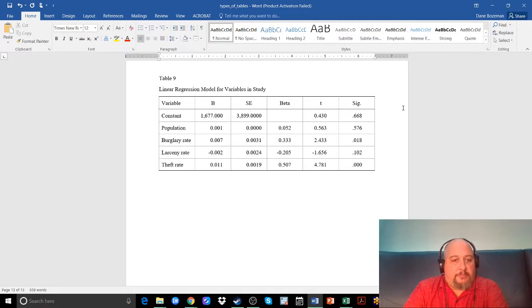So, for example, it looks like we've got 4 variables. What we could do is we could create some cross variables, population by burglary, larceny by theft, and see what the interaction effect is. But in this table, we haven't done that because we're creating just a multiple linear regression table. Okay. So what are they used for?